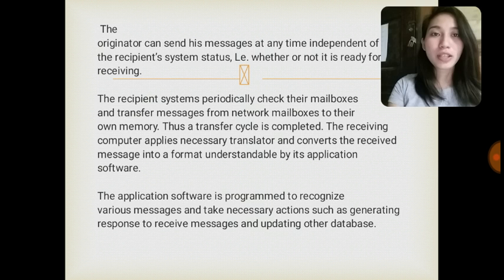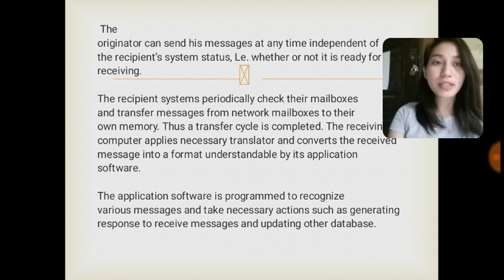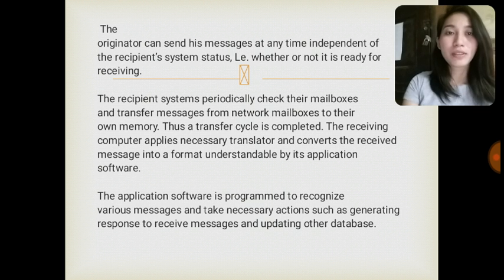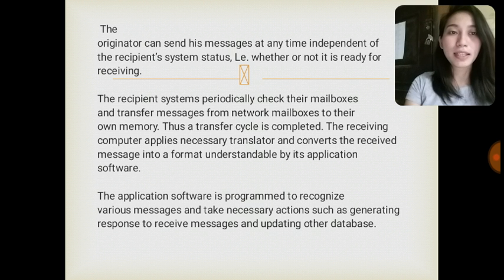The originator can send these messages at any time independent of the recipient system status, whether or not it is ready for receiving. The recipient systems periodically check these mailboxes and transfer messages from network mailboxes to their own memory. Thus, a transfer cycle is completed.